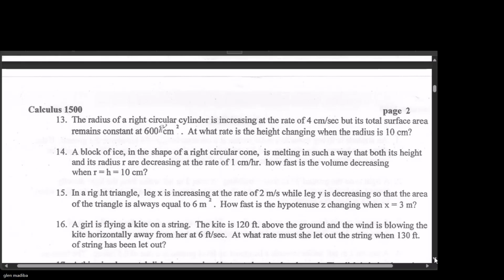Before I say what I need to say, please let's go back to the last line. It says, at what rate must she let out the string when 130 feet of the string has been let out? From this last line, I agree with the information that we got.